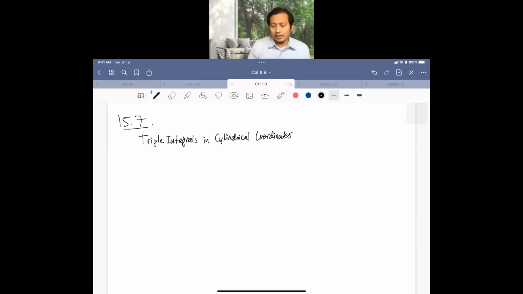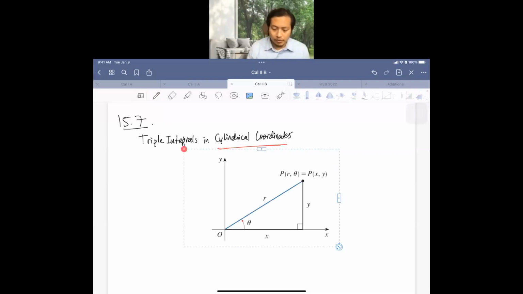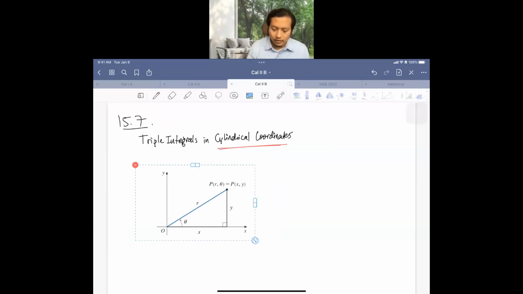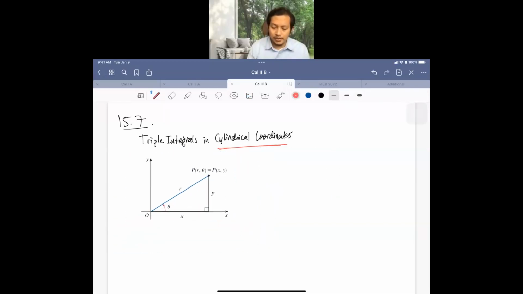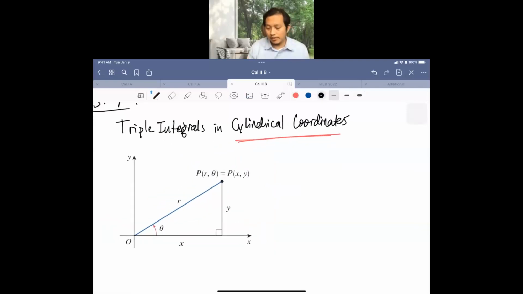So what are cylindrical coordinates? First, we need to understand the coordinate system itself, before we go to the integrals. We could start with just looking at the polar system. You could see that in polar we have some relations with x and y, and also x squared plus y squared is r squared.